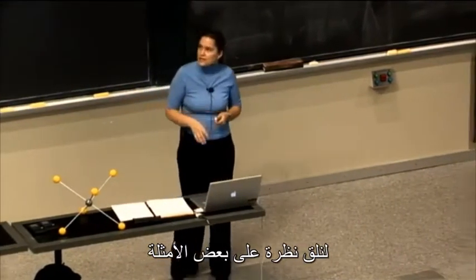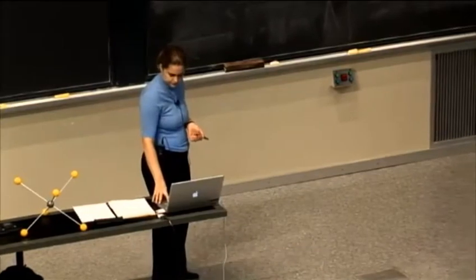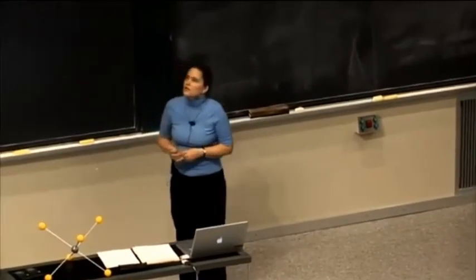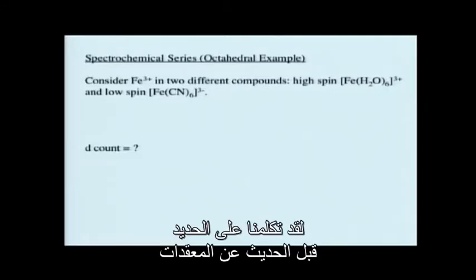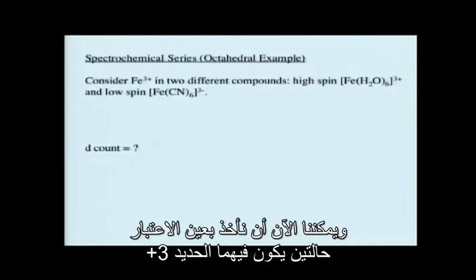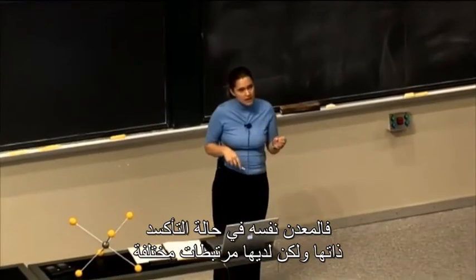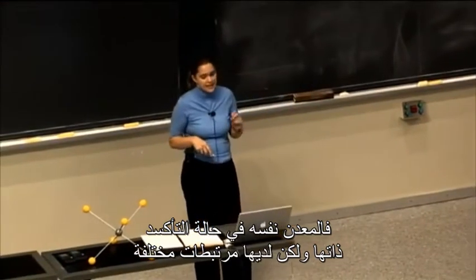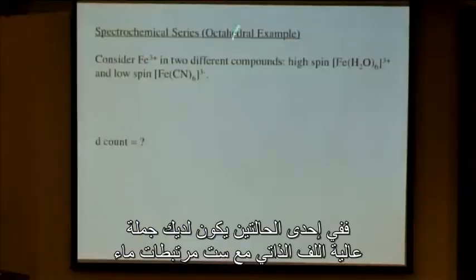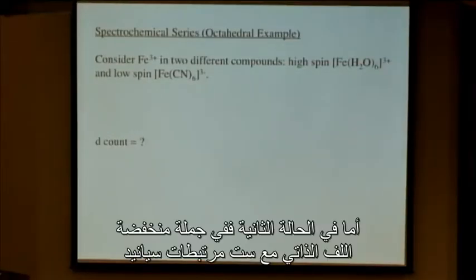So let's take a look at some examples. We talked about iron before in complexes, and now we can consider two cases where we have iron +3, so the same metal in the same oxidation state, but with different ligands. In one case, you have a high spin system with 6 water ligands, and in the other, a low spin system with 6 cyanide ligands.